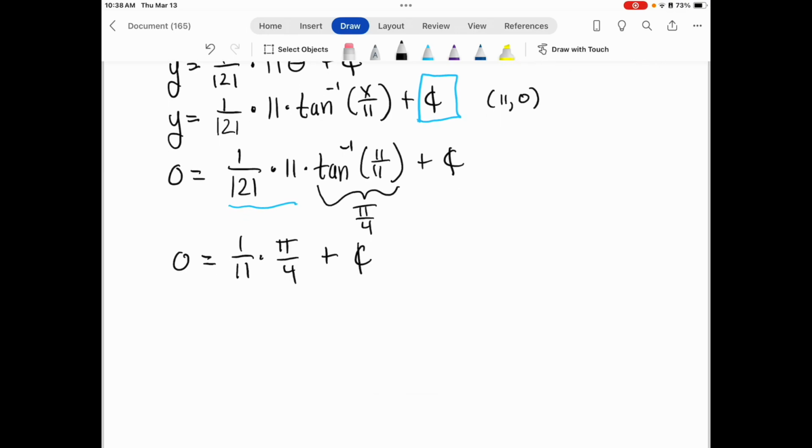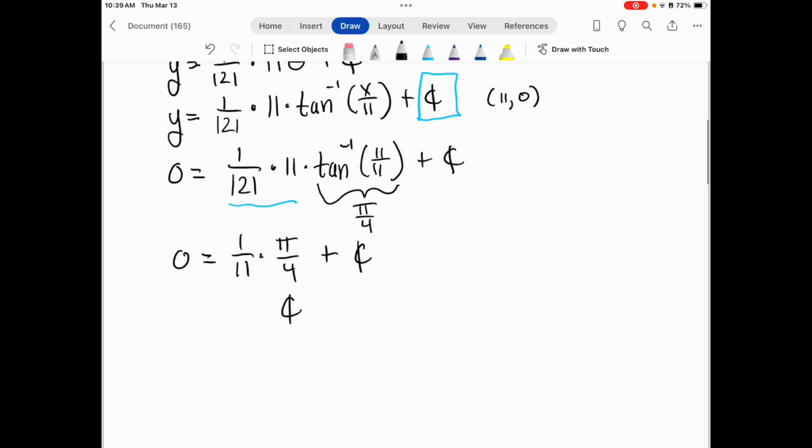Now I'm going to subtract pi over 44 from both sides, because if I multiply 1 over 11 times pi over 4, that's going to give me pi over 44. I'm going to subtract that from both sides. So I find that my constant is negative pi over 44.